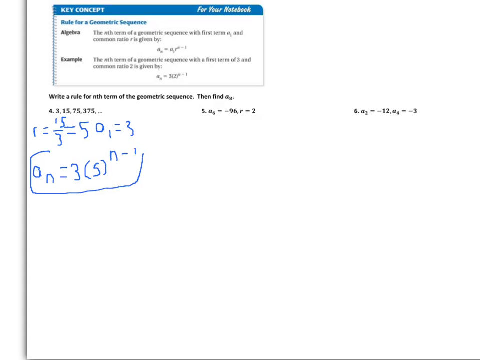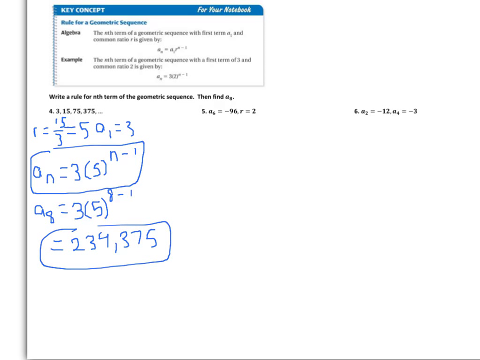So there's our rule. a sub 8 equals 3 times 5 to the 8 minus 1, so 3 times 5 to the 7th, which is 234,375. So there's the rule, there's the 8th term.